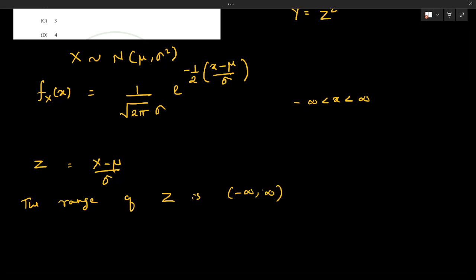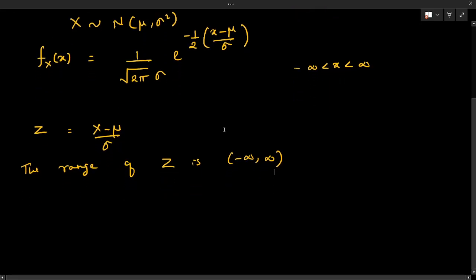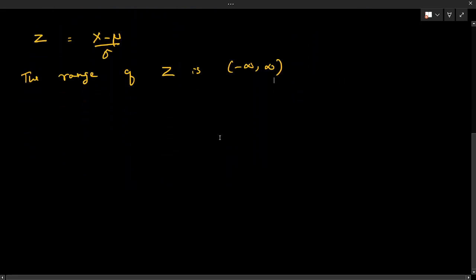Why? Because from the transformation, as x moves towards minus infinity, the value of z becomes minus infinity, and as x moves towards plus infinity, the value of z becomes plus infinity. So the range of z is from minus infinity to plus infinity.